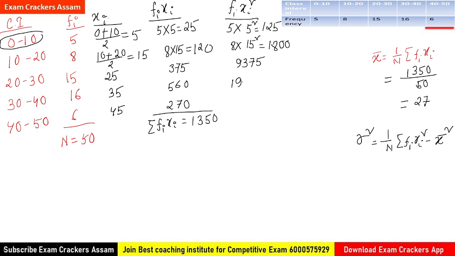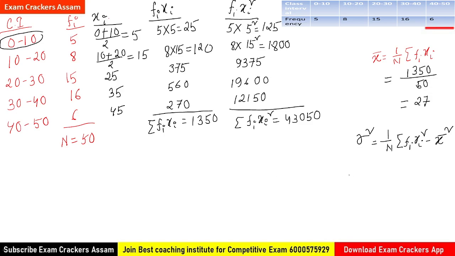Next one is 19600, then 12150. If you add all the values of this column, what will you get? Summation fi xi square, and the value is 43050.